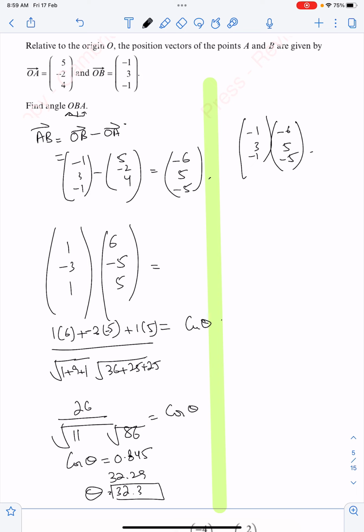So the dot product is going to be 6 plus 15 plus 5, which is the same, 26, divided by the magnitude equals cos of theta. Magnitude will also be the same. So the answer is exactly going to be the same. So what I learn here is that if they ask you to find a particular angle, you can take it to be BO and BA, or you can take it to be OB and AB and find the dot product and apply the formula.